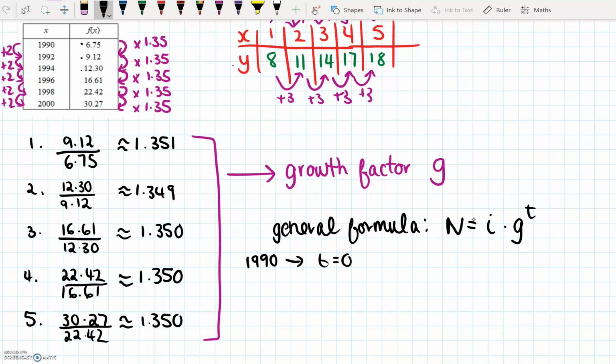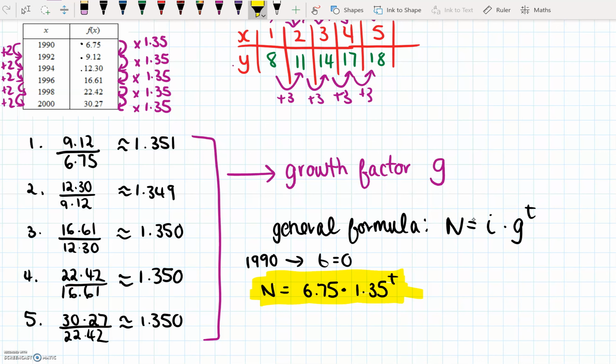So we're going to consider that to be our initial value. So in our case, n equals 6.75, that is going to be our I value. We're multiplying it by the growth factor, which we already calculated, 1.35 to the power of t. And we have just produced our exponential formula for this table.